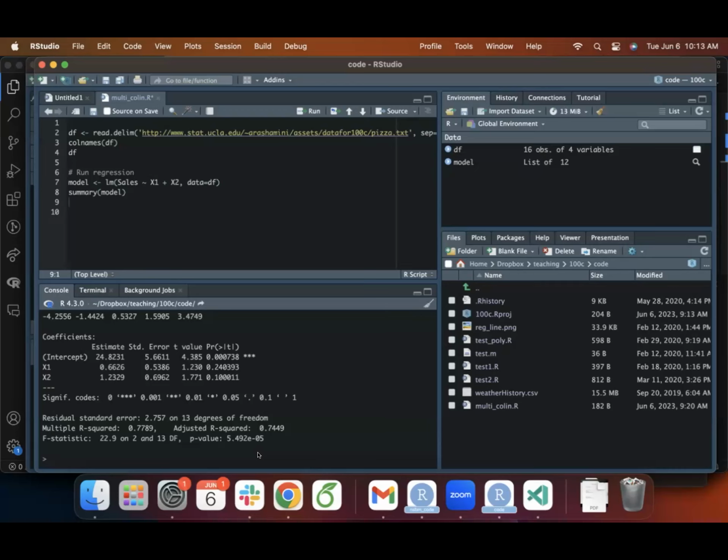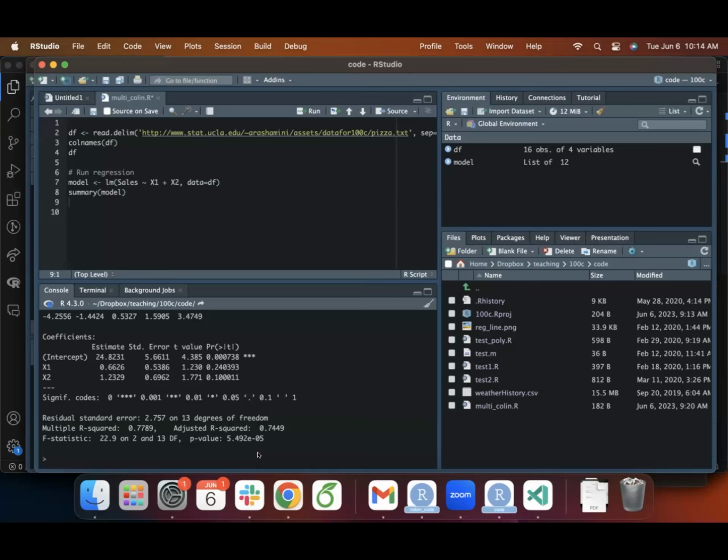But what happens, let's say, when I try to test whether beta 1 is 0? What will be the reduced model, or the null model, in this case? Yes, you have beta 0 plus beta 2 x2. So that's our reduced model, and this model is not rejected.